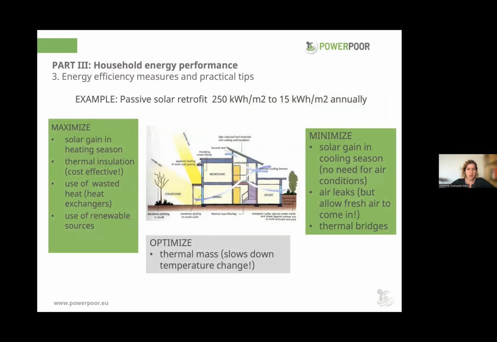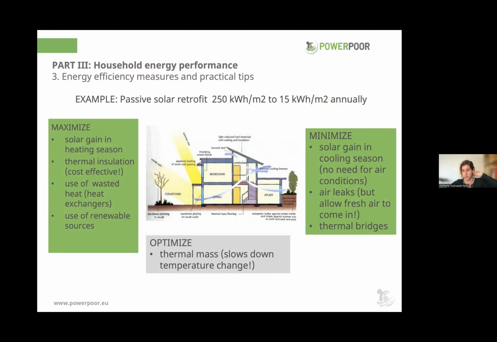Let's now see an example of a retrofit of a household from 250 kilowatt hours per square meter to 15 kilowatt hours per square meter annually. By maximizing the solar gains in the heating season and the thermal insulation, that is, of course, the most cost-effective measure in an uninsulated building, by maximizing the use of wasted heat using heat exchangers and the use of renewable sources, we can achieve a very significant energy consumption reduction.